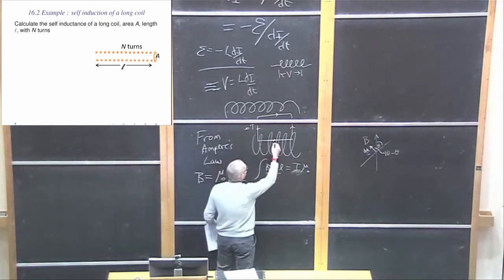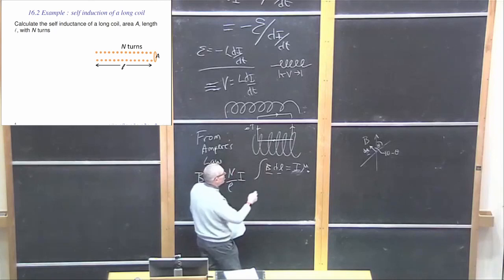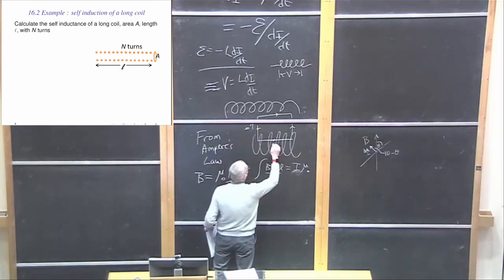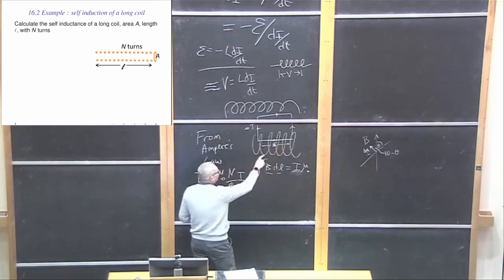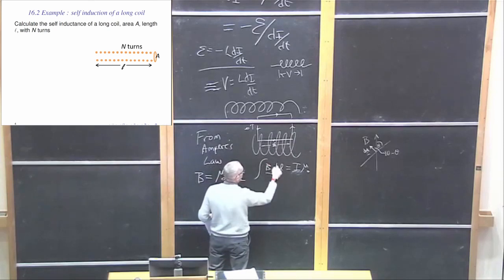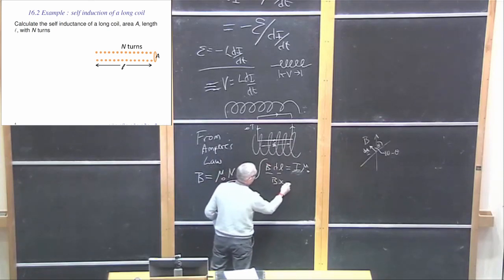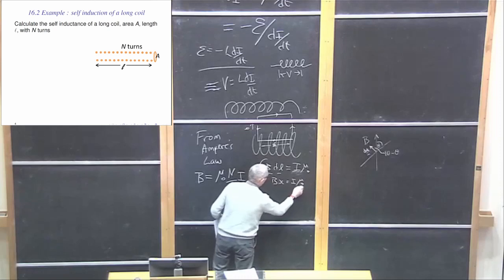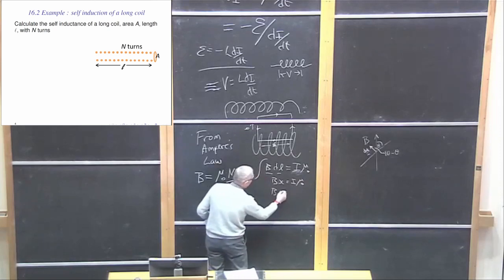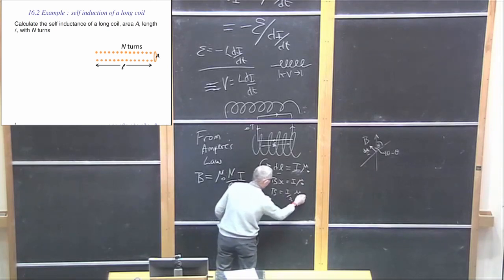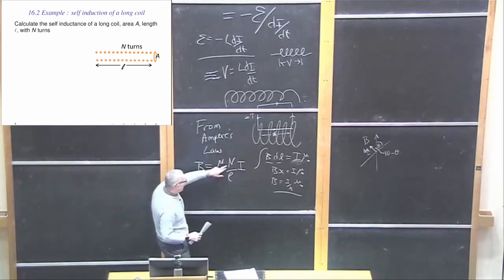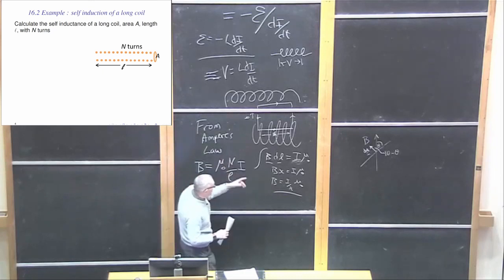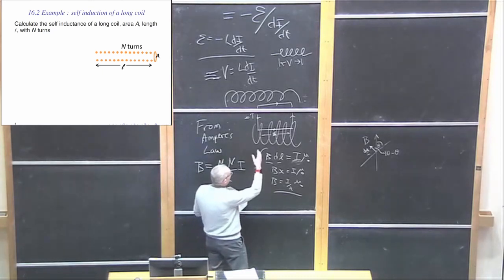I've missed a step there, but if I take this as L or X, then this line integral is just B times X. Sorry, I know I'm going to get into a muddle here, but B is I over X mu naught, but there are n turns.